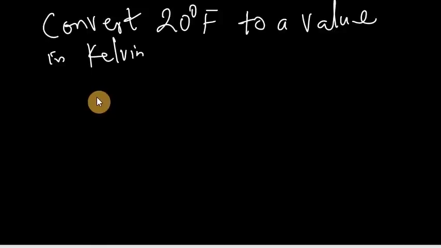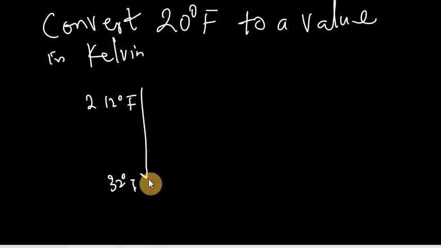To solve this problem, let us refer to our temperature scale. We have this as 212 degrees Fahrenheit, and this is 32 degrees Fahrenheit. This is the ice point and this is the steam point.